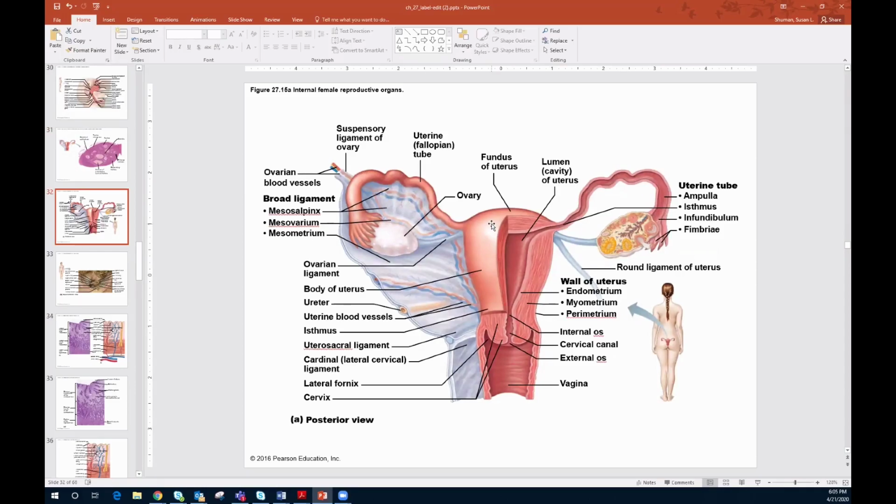The fallopian tube or uterine tube or even oviduct. Nobody ever calls it an oviduct in humans, ever. You're going to hear fallopian tube mostly. They may sometimes say uterine tube, but in the world of healthcare for humans, we call it a fallopian tube. Its job is to receive the oocyte from the ovary, and it is the place where fertilization will occur if we expect to have a successful pregnancy.